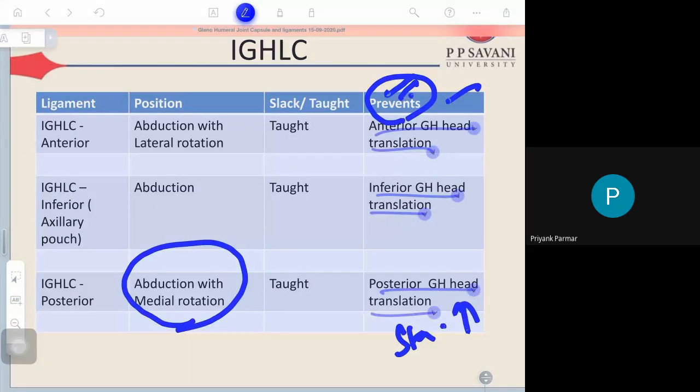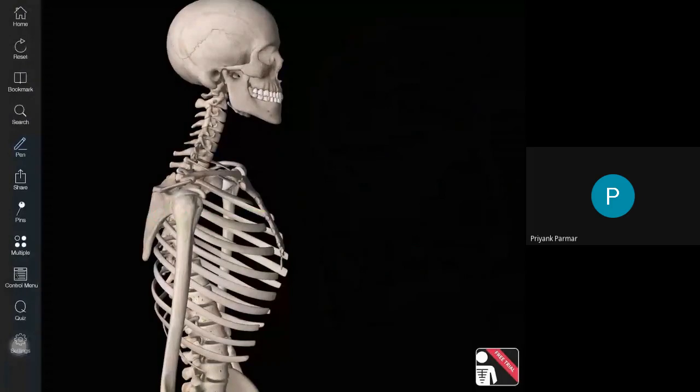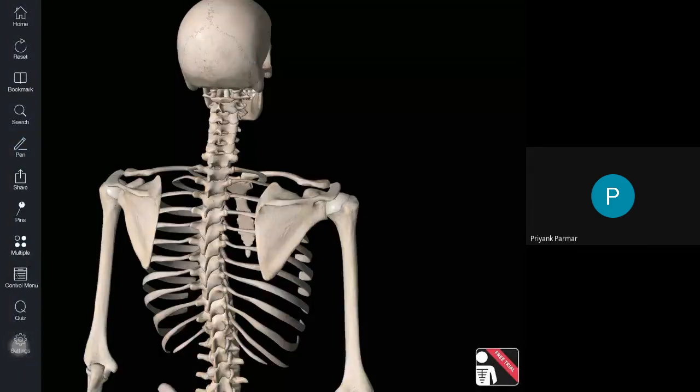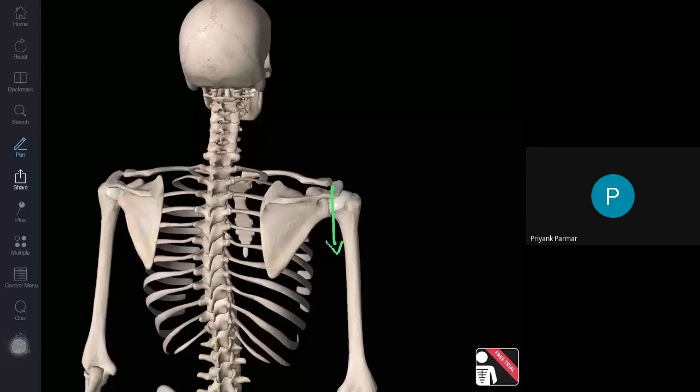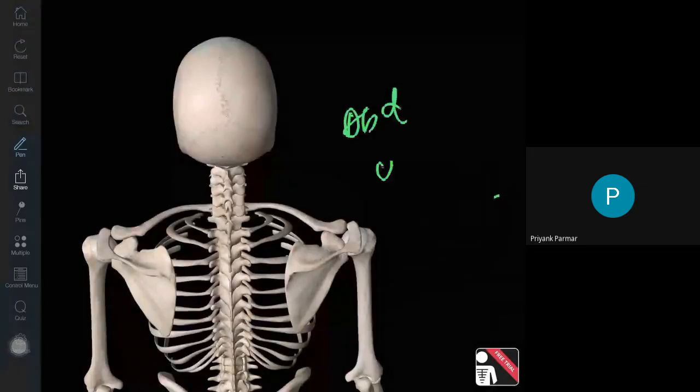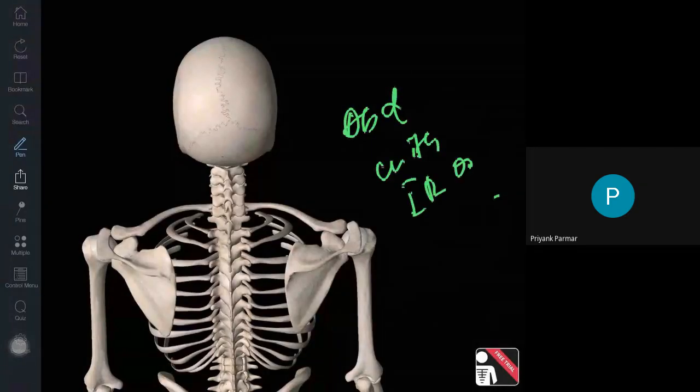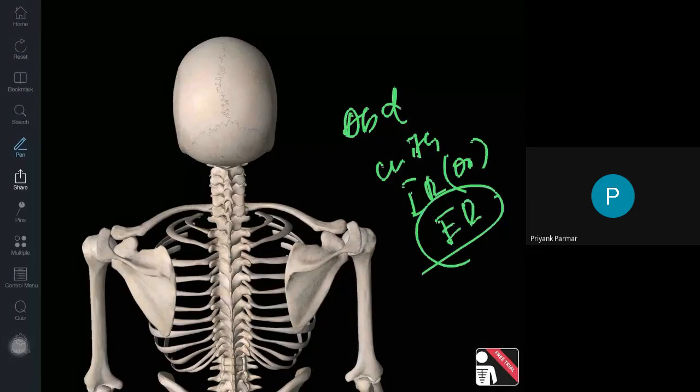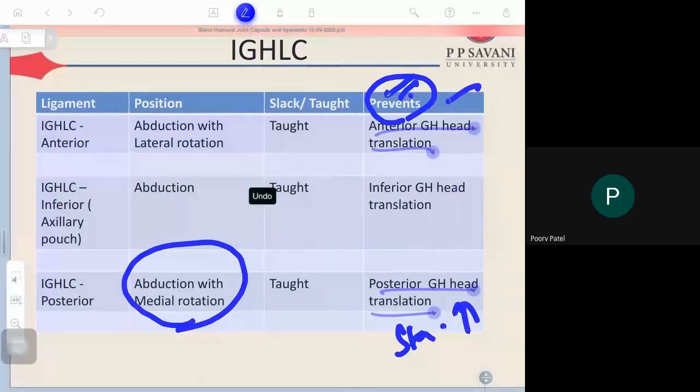The translation of the humeral head in this direction is prevented in pure abduction, without internal rotation or external rotation. Are you clear? Yes, sir. Okay, now the next slide.